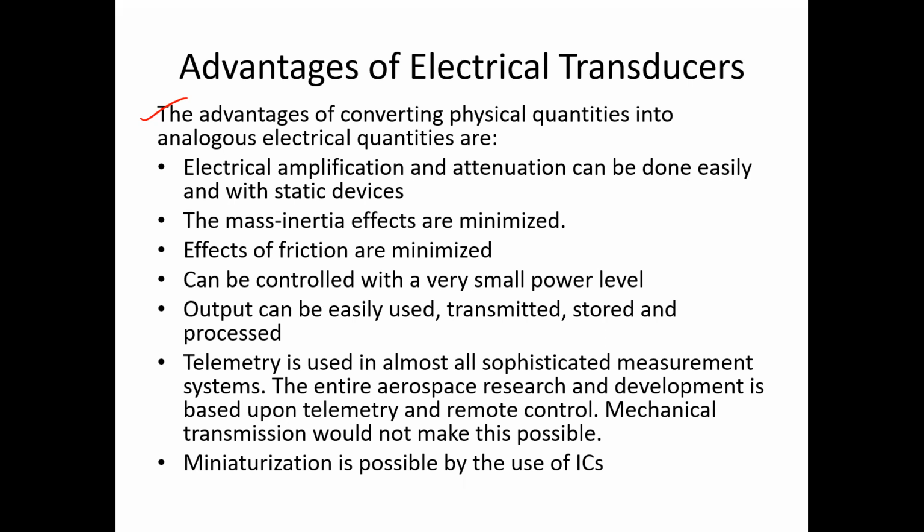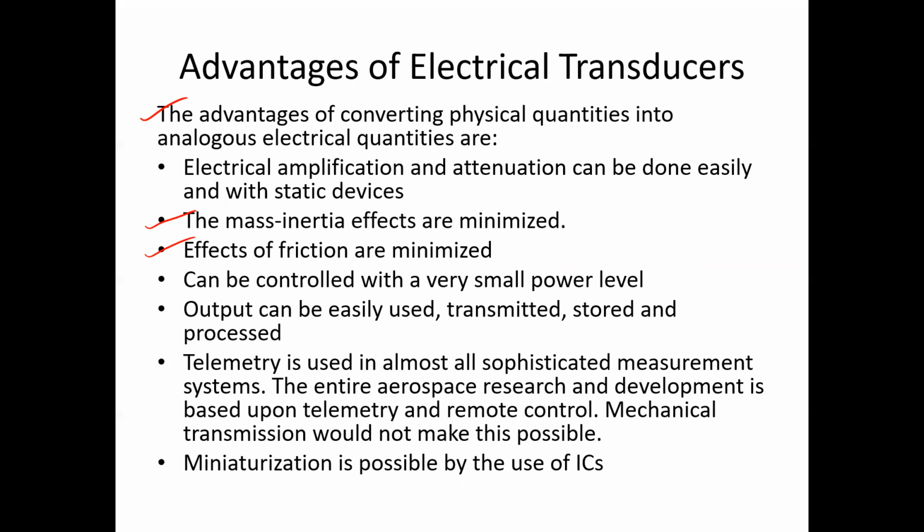Once the physical quantities are converted into electrical form, then the electrical process of amplification or attenuation can be done with static devices. Compared to that, you know that mechanical devices consist of rotational parts or different gear mechanisms, so the mass inertia or the friction effects are significant there.